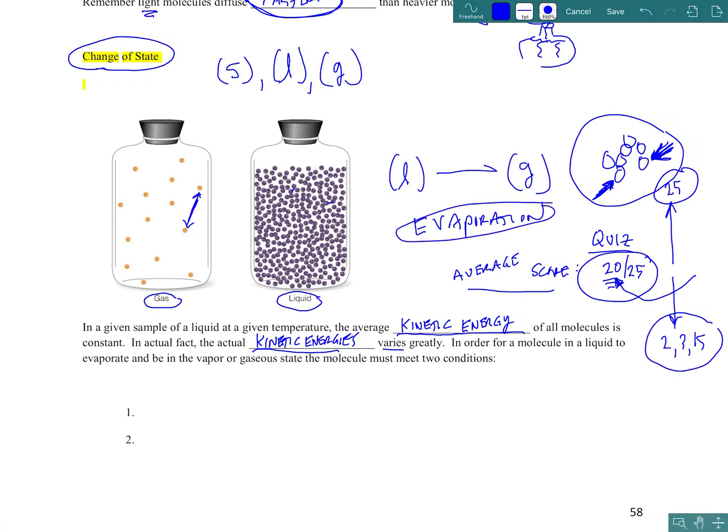Now remember, we want to talk about evaporation today. In order for a liquid to turn into a gas and evaporate and be in the vapor or gaseous state, the molecule must meet two conditions.